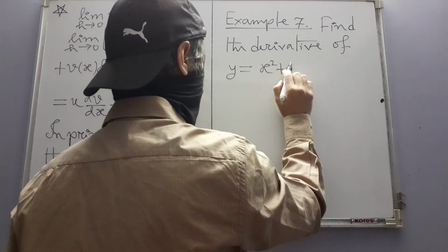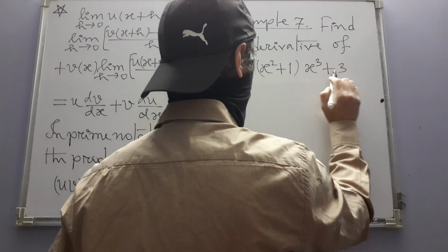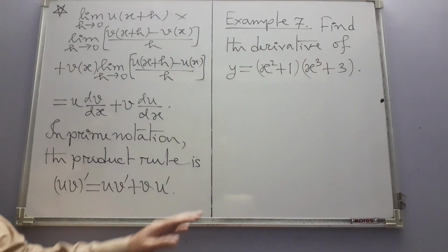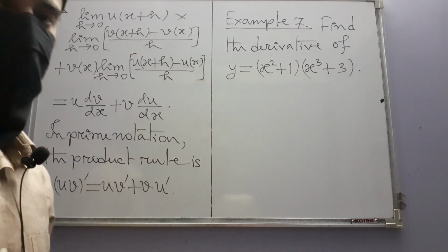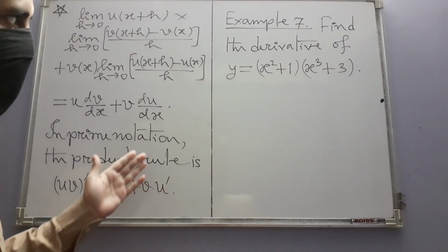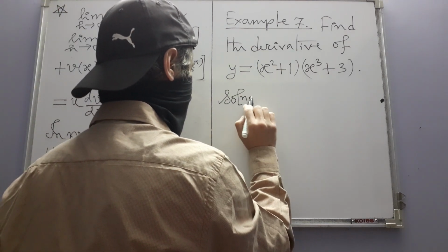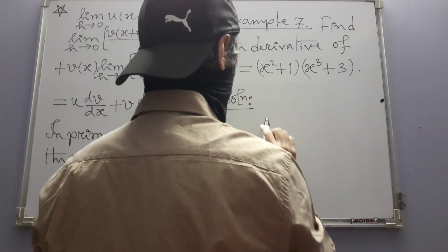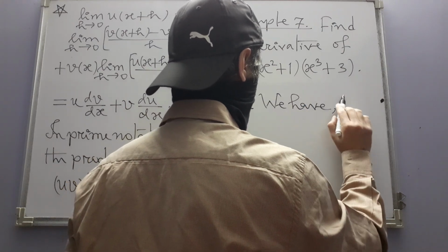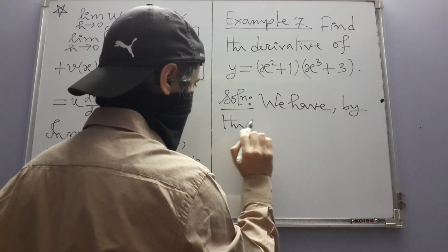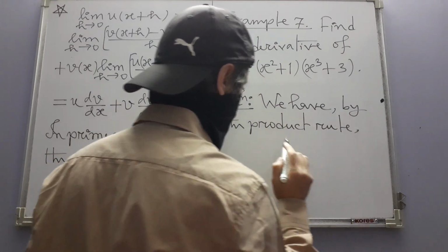One of them is x square plus 1 and the other one is x cube plus 3. It's not mentioned whether to use the product rule or not. It's up to us to decide. So let us first see what we get if we apply the product rule. So we straight away just write the derivative. We also mention by the product rule this.